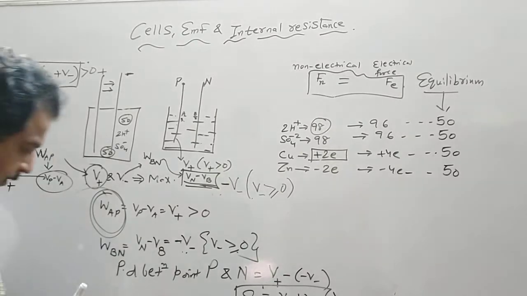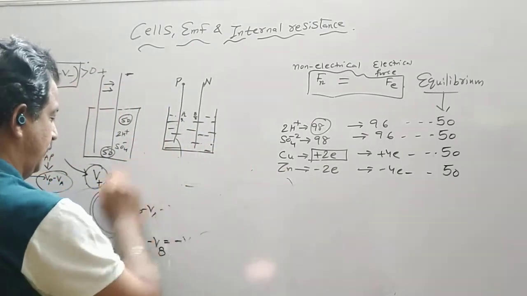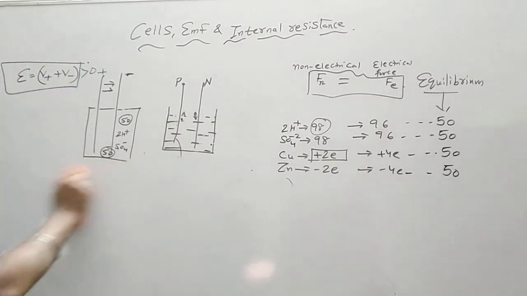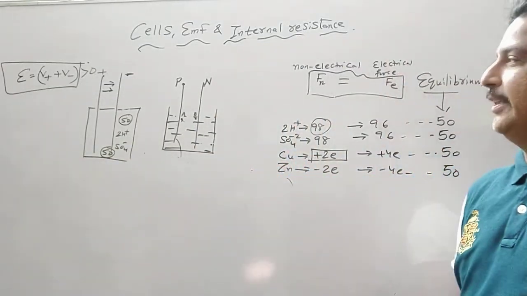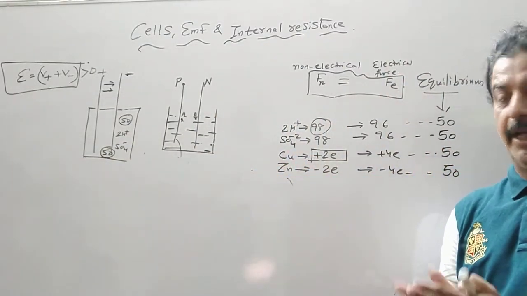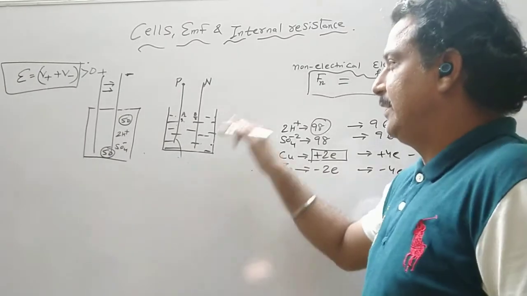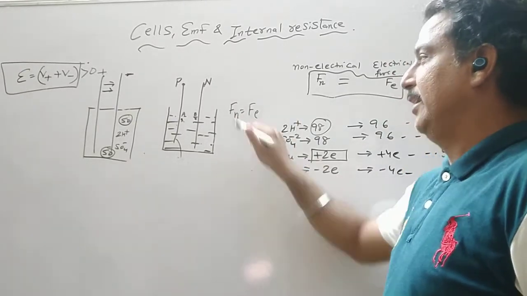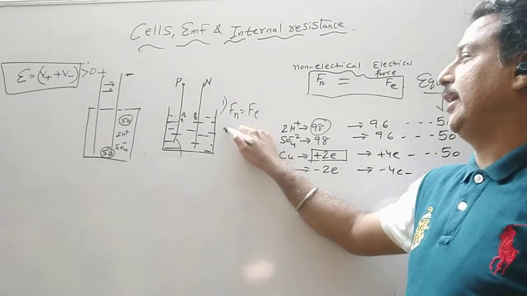So this is the EMF as far as the book is concerned, and we say one electrode is positive, the other electrode is negative, and the potential difference is maximum. Now we brought this cell when the situation is Fn is equal to Fe, that is the first situation, that there is no motion of positive and negative charge.